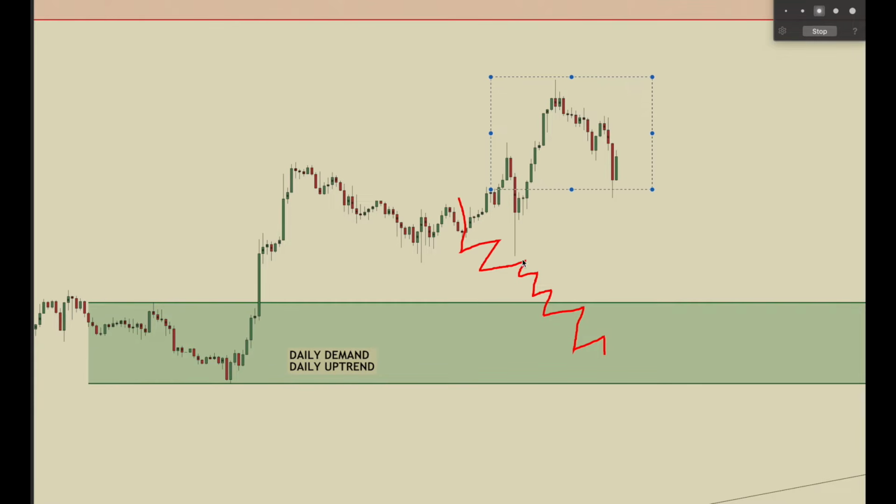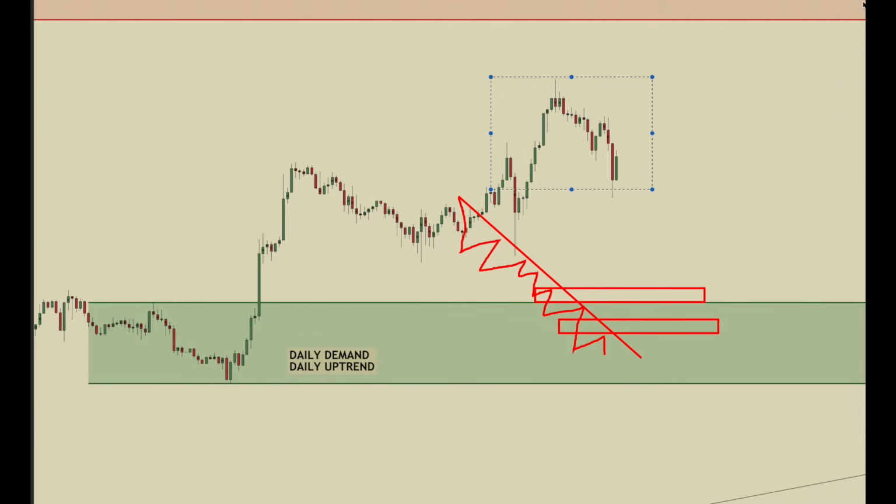And then we have supply zone here, supply zone here, right? So what you're going to want to look for is, this is a 1 hour time frame. We have 1 hour supply here, 1 hour supply here. The best, and let's just say we also have a downward trend line like that. Excuse my drawing, I know it's not the best at all.